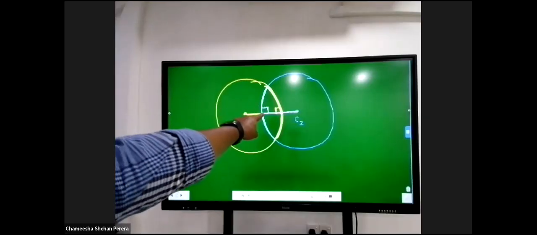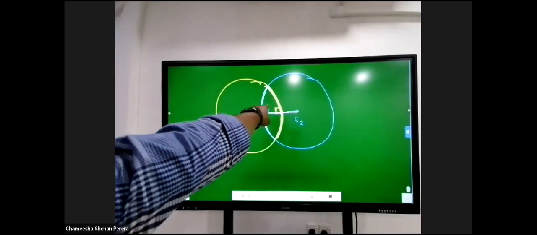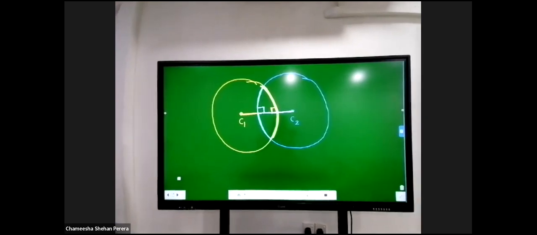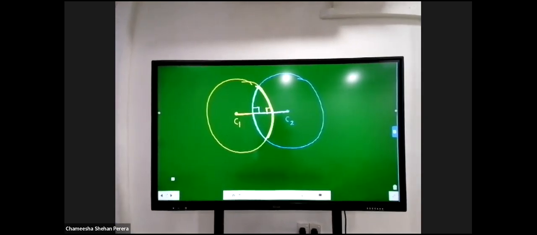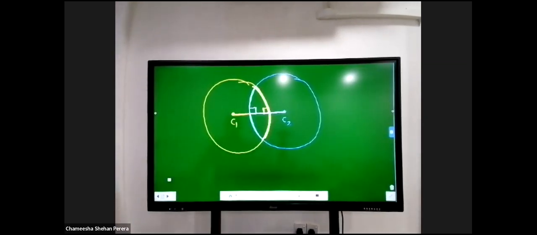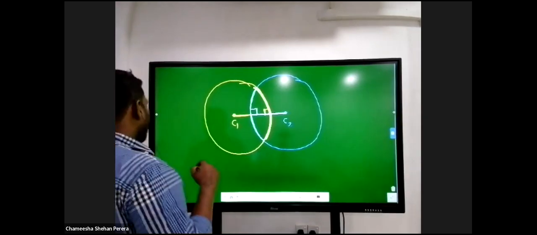So this is to be considered as the principal axis of the convex lens. I hope you can remember that when we were talking about curved mirrors, concave and convex mirrors, we had a principal axis.